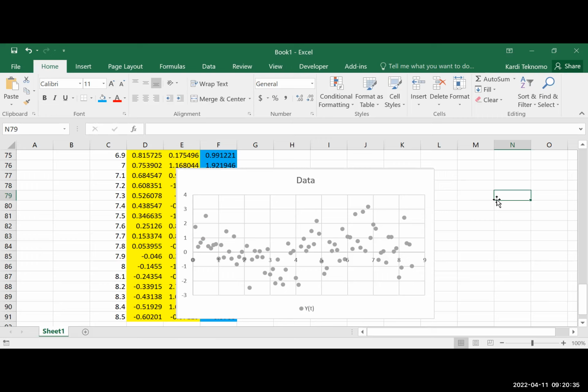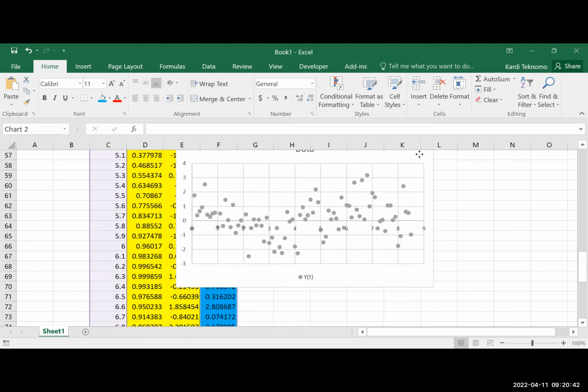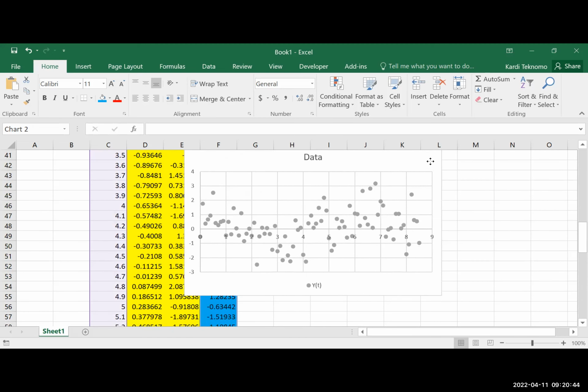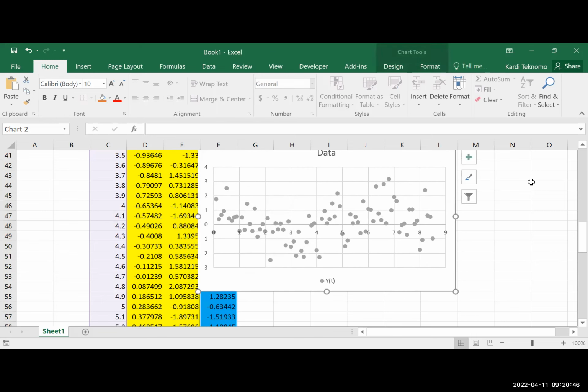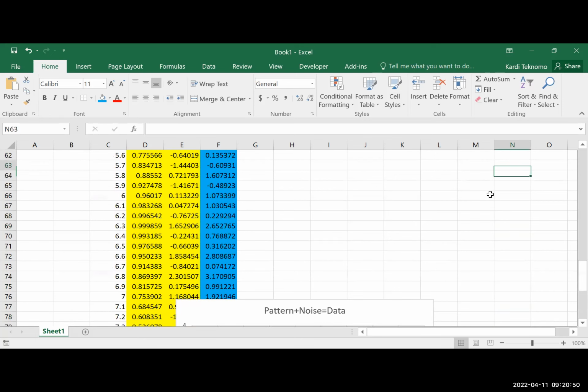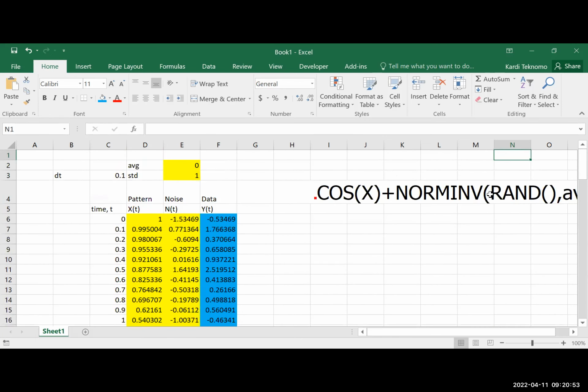Can you see, is there any pattern in here? Not really, because why you don't see it? Because the noise is very big. Okay, let me change this up. Control X, I will put it up. Okay, I don't need this one.